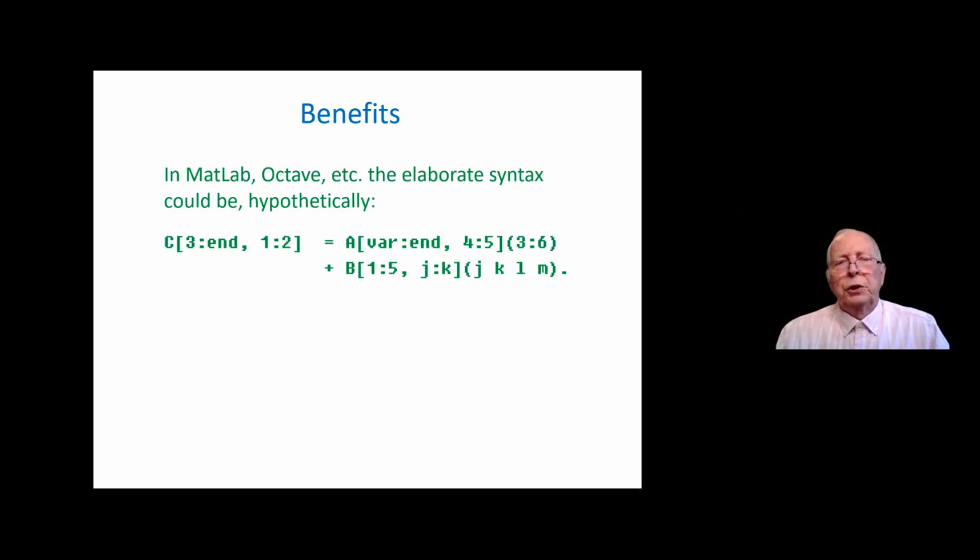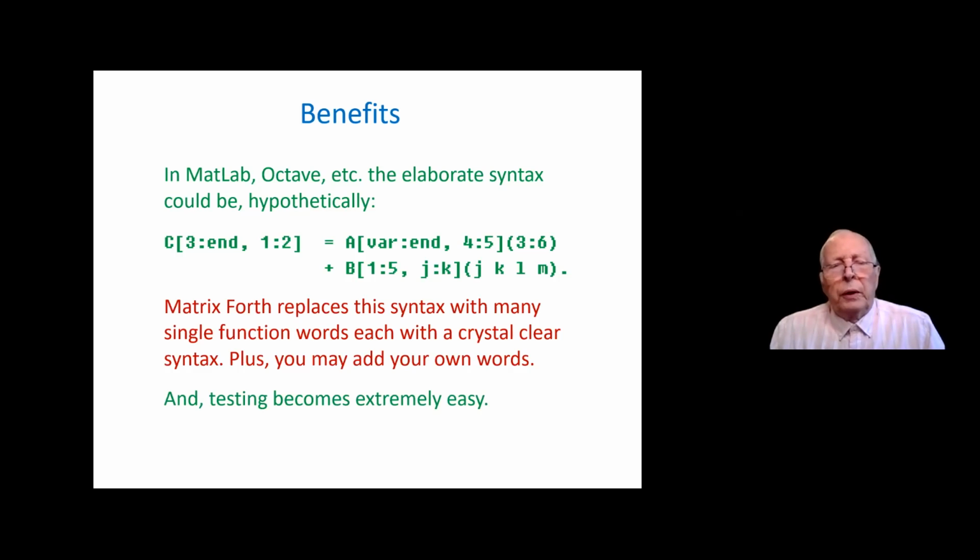The order of execution is not at all clear, and the syntax is not at all clear. In matrix Forth, we replace this complex syntax with many single function words. Each word has a crystal clear syntax, and of course, you may create your own special purpose words. And because all of the work is done by individual single words, the testing becomes extremely easy.